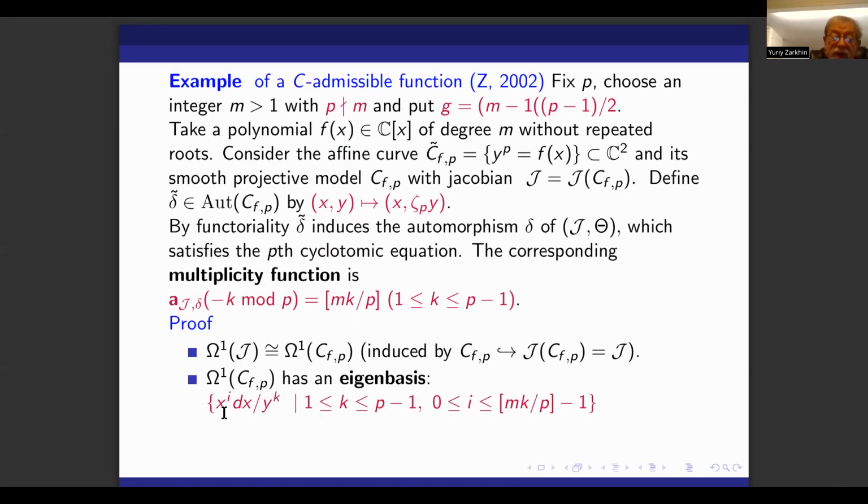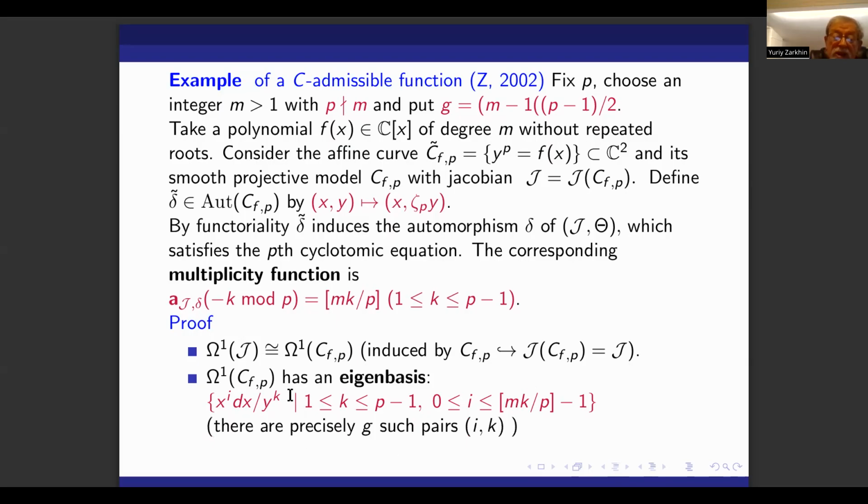Namely, they are the differentials of the form x to the i dx divided by y to the k, where k varies between 1 and p minus 1, and i varies between 0 and exactly this bound minus 1. And there are precisely g such pairs i and k.